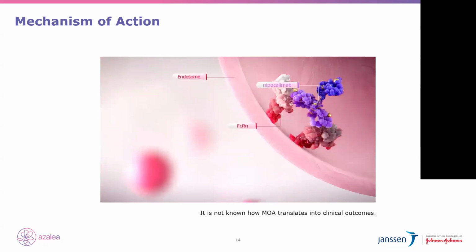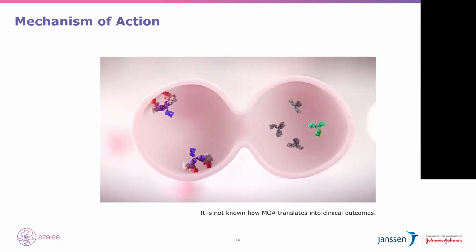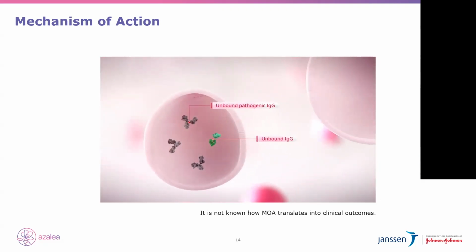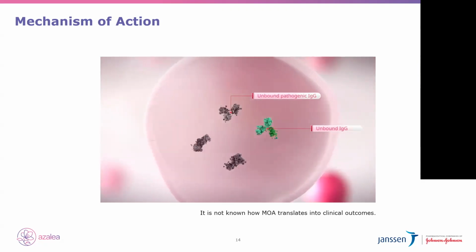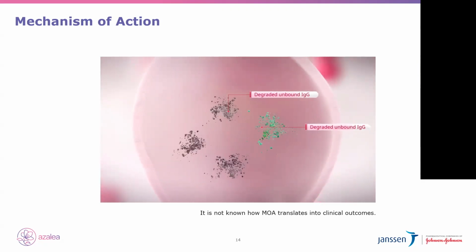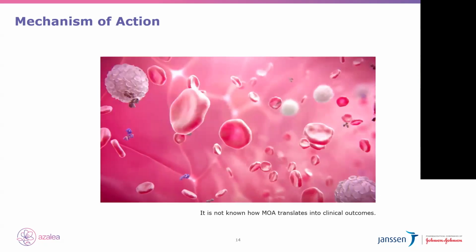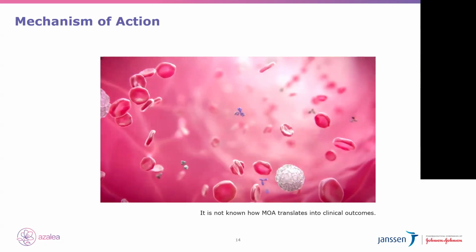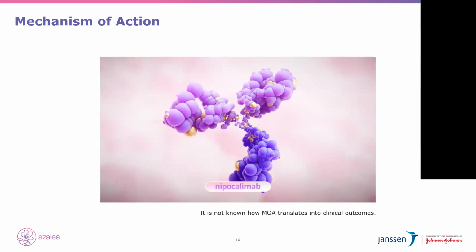As a result, IgGs are unable to bind with their Fc fragments to the occupied FcRns. All unbound IgGs enter lysosomes for degradation. Studies show nipocalimab is expected to reduce levels of IgG, and thus it is believed to help improve the symptoms of pathogenic IgG-mediated autoimmune disorders.